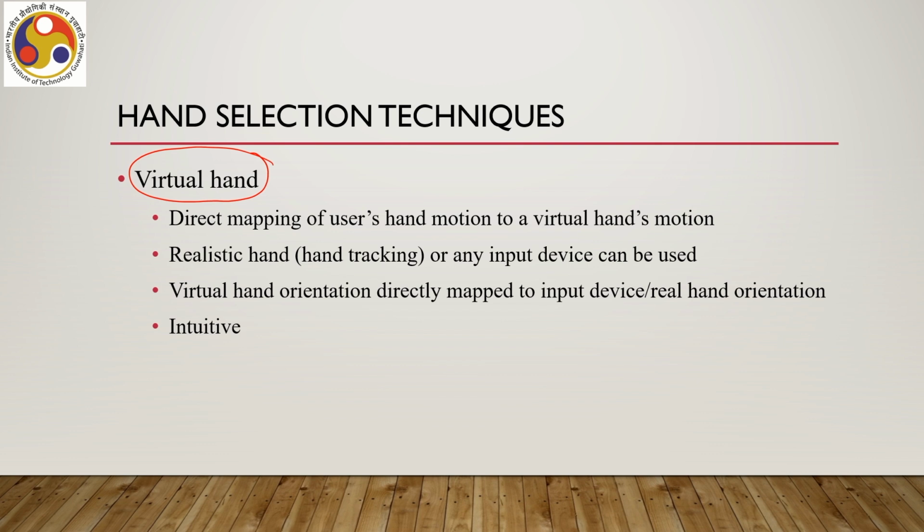Here there is a direct, one-to-one mapping of the user's hand motion to the virtual hand's motion. So, there is a virtual hand which is tied to the user's physical hand. Essentially this comes under tracked hand motion using tracked controllers. When the physical hand moves in the physical world, the corresponding virtual hand moves in the virtual world, and these two movements are exactly the same.